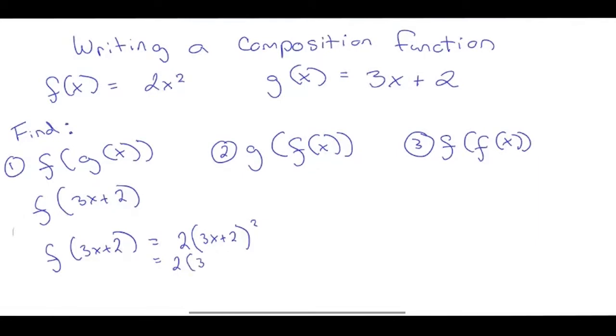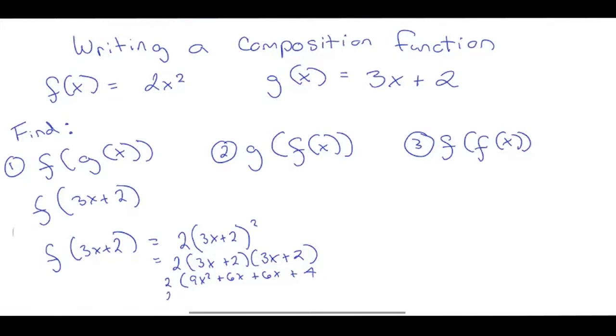I have 3x plus 2 times 3x plus 2. All right. So that's going to be 2 times. Now we do FOIL first, outer, inner, last. So that's going to be 9x squared, outer plus 6x, inner plus 6x, last plus 4.